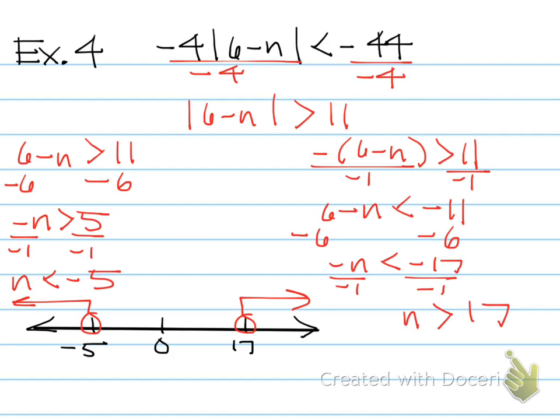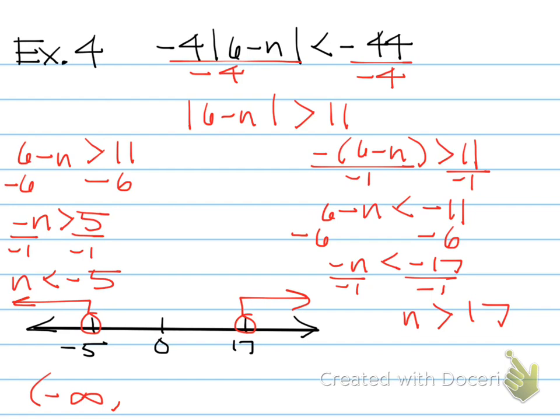Now, to actually write out the solution, you write your solutions using interval notation. If we start with that first, the left part of that graph is going to -infinity. Anytime you have infinity, you have a parenthesis next to infinity since it's not a finite number.